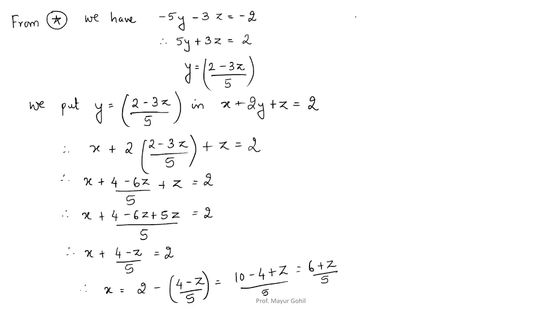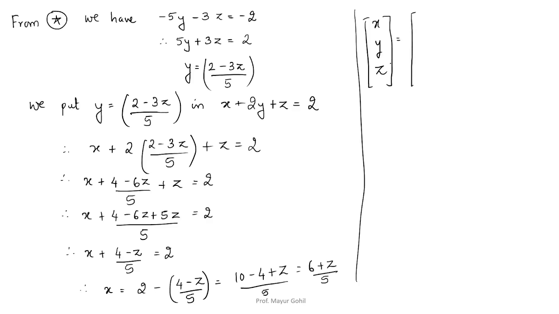So the vector which we want to form, see x, y, z, right? This is the vector for which we are solving. Now for x we have got an expression in terms of z, that is 6 plus z over 5.